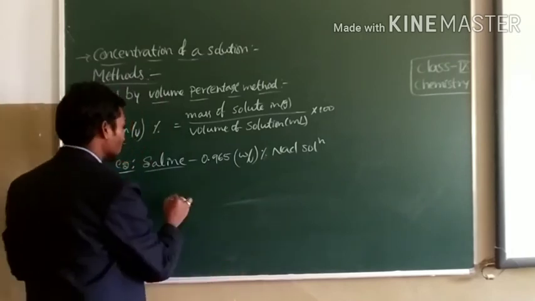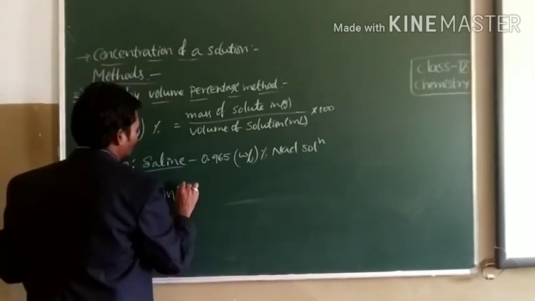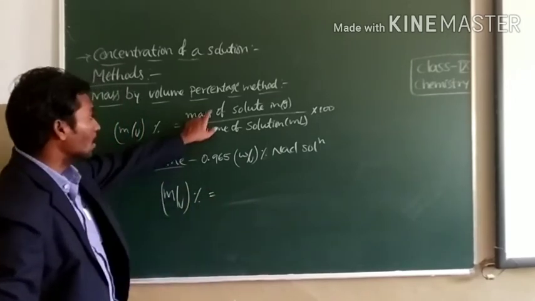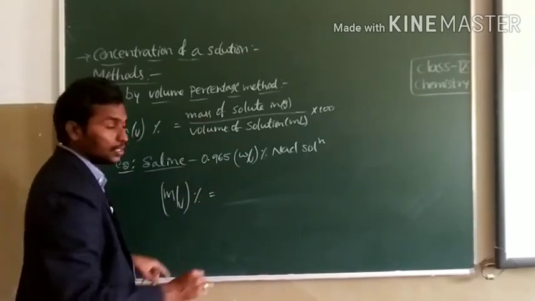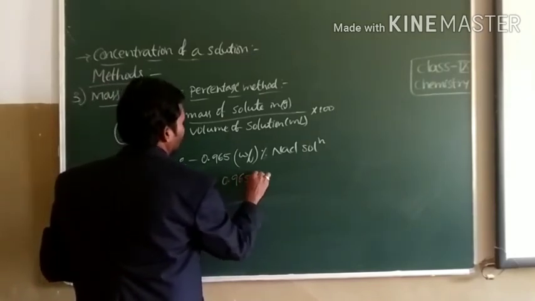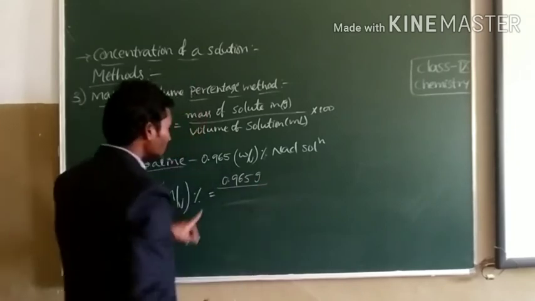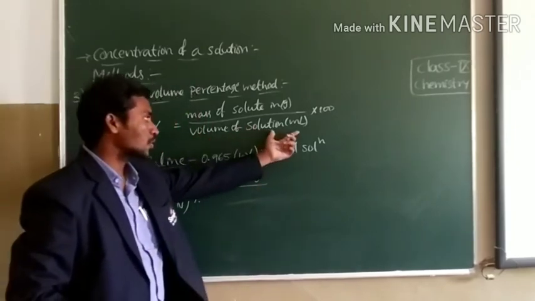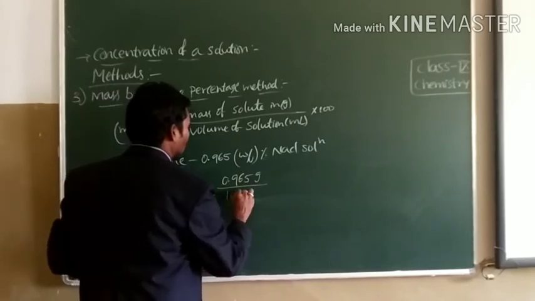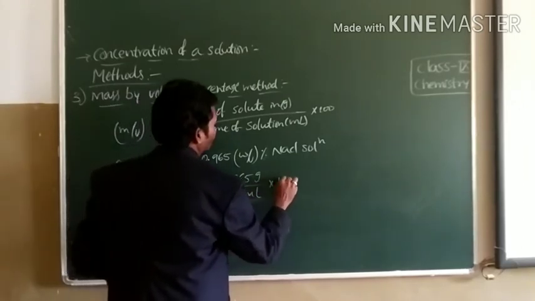In mass by volume percentage method, mass of solute is 0.965 grams by volume of solution, which is 100 ml, into 100.